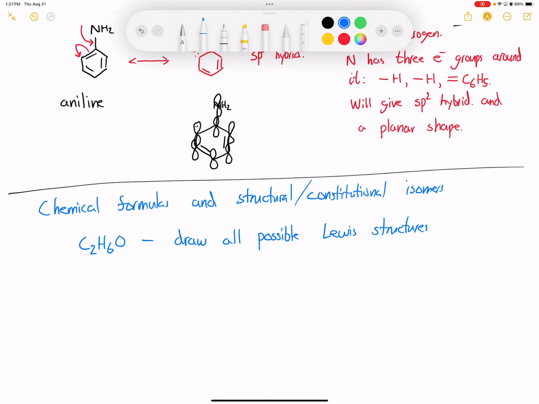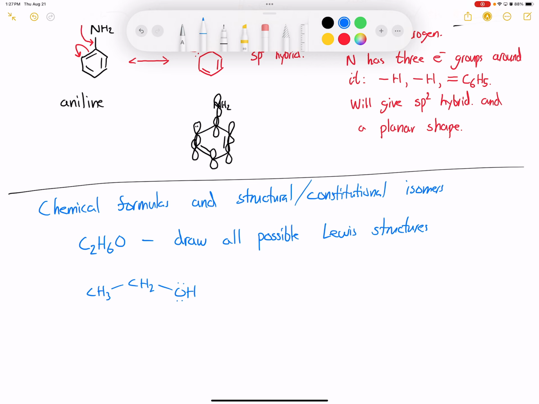So let's say we have CH3, CH2, okay. How can I complete the structure? I already got all the carbons. I got 5 of the hydrogens, missing an OH. So right here, right? All right.